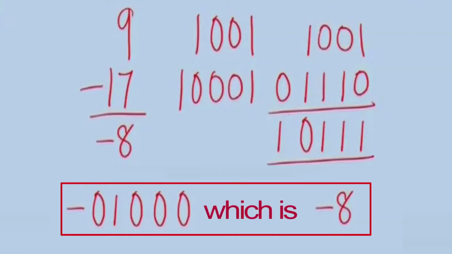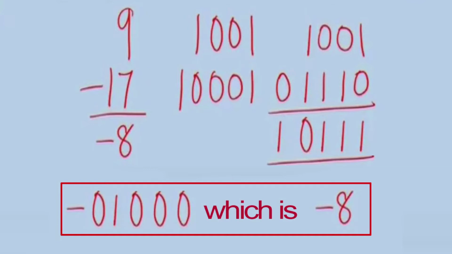Now we have seen only one part of the rule. The rule also says that if there is no carry, the answer should be taken as negative and the correct answer will be the 1's complement of whatever we get as a result. Let us see that as an example now, where I am going to subtract the binary number 10001 from the binary number 1001.